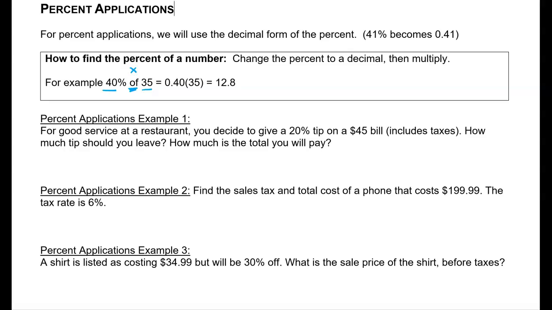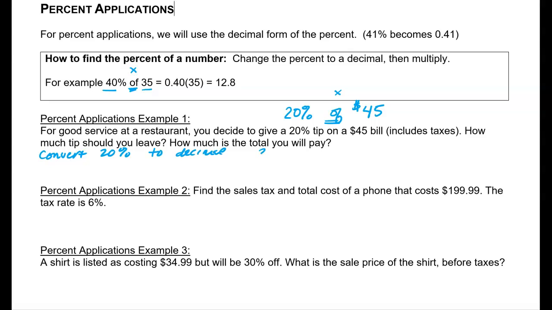So if we're trying to take a 20% tip, we're taking 20% of, so there's our math word again, that means multiplication, of $45. What we're going to do is convert 20% to a decimal.